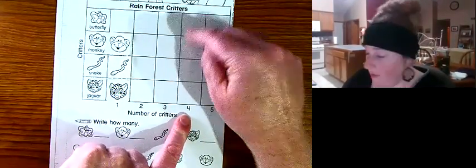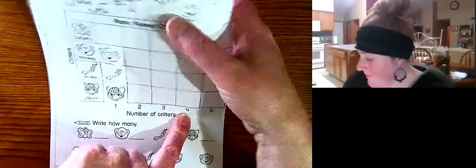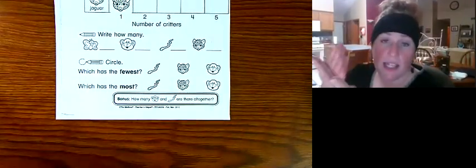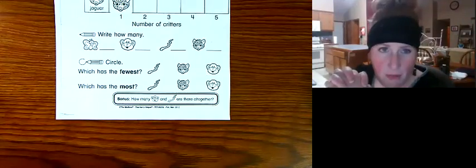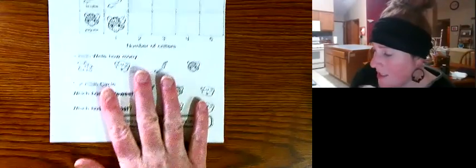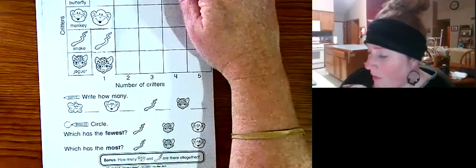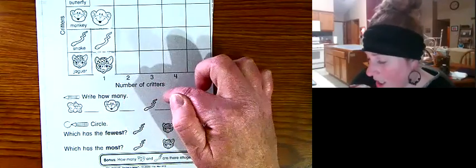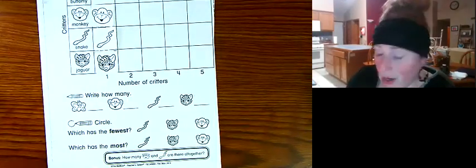That's how this graph works. And all graphs give us information about something. This graph is giving us information about frog's friends and about the number of critters. And the critters are his friends.